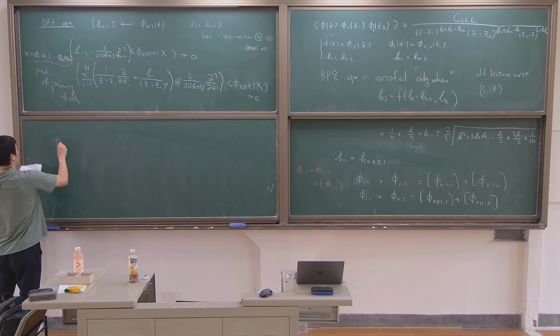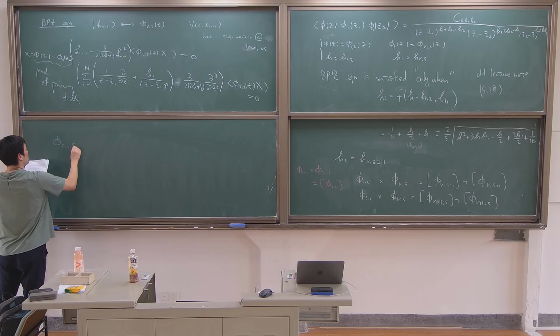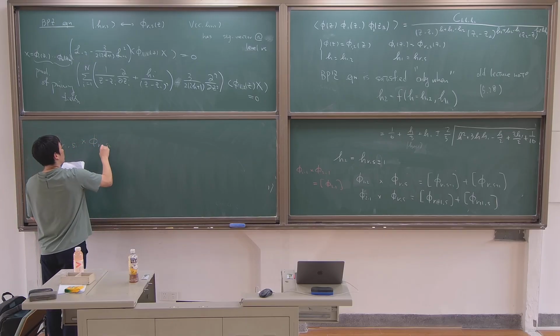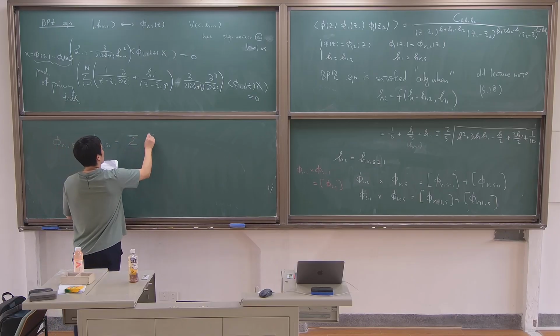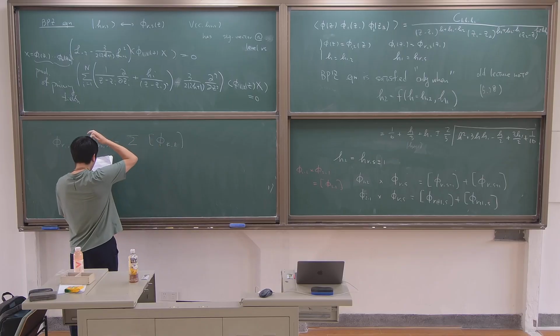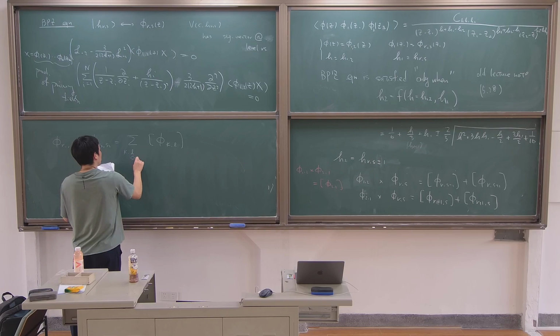So phi R1 S1 times phi R2 S2 is equal to a sum over phi KL, where K and L satisfy some condition. I'm not going to write down everything.